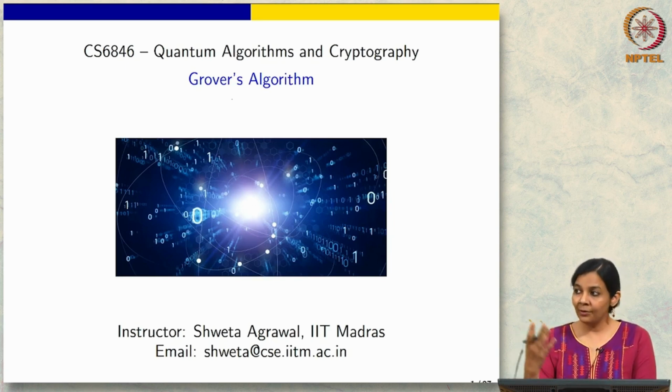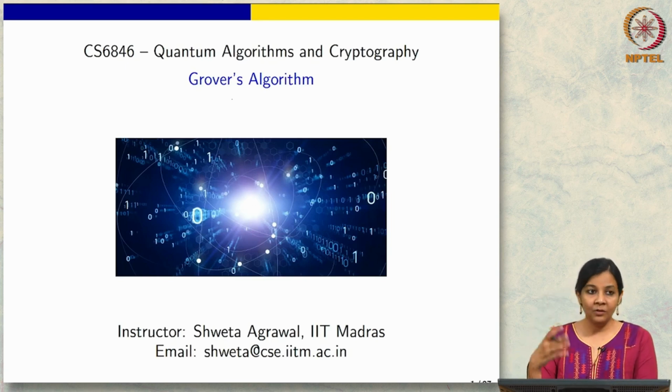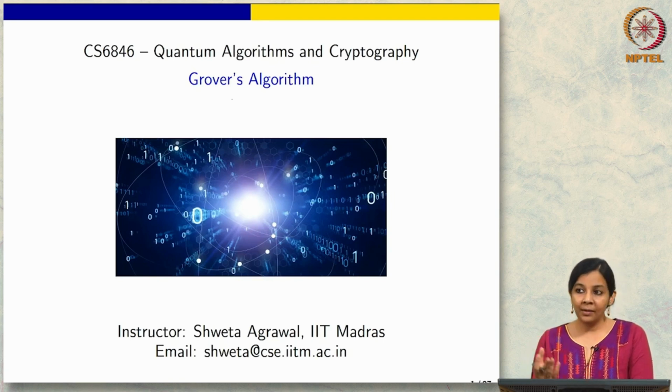Let us say that you have a database and you are trying to search for some keyword in that database. If your database is of size 2 to the n, then in general you expect to take 2 to the n time to look for a particular keyword. And Grover's algorithm allows you to do it in 2 to the n over 2. So it offers a quadratic speed up.